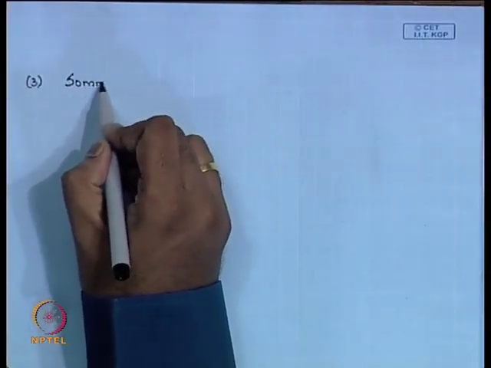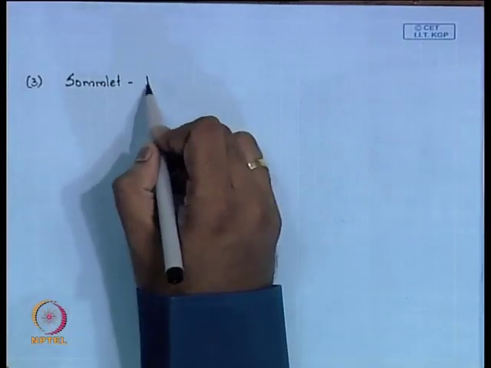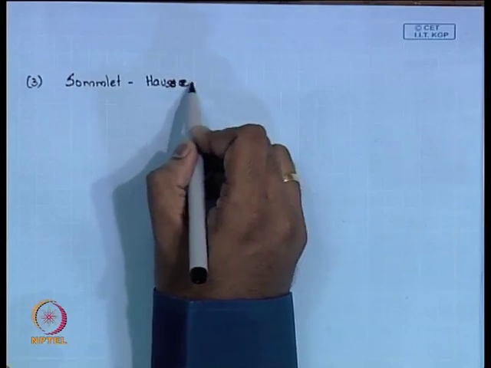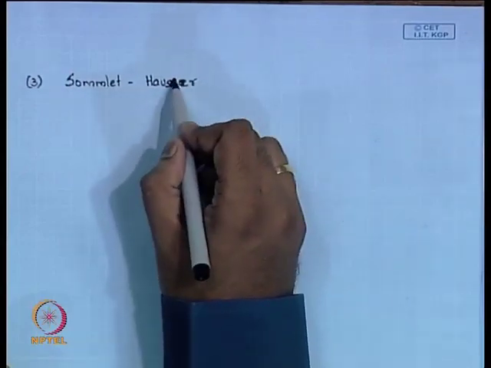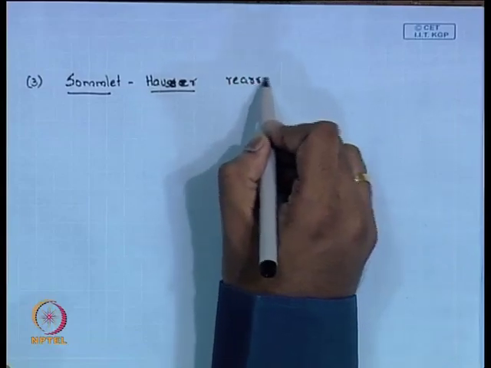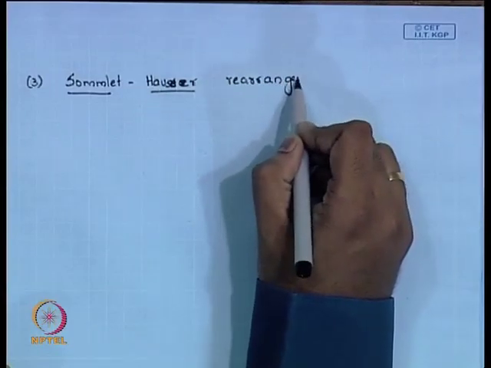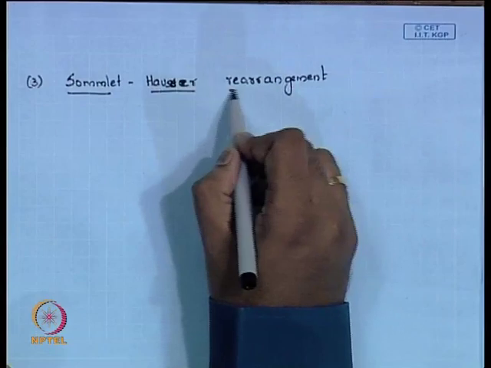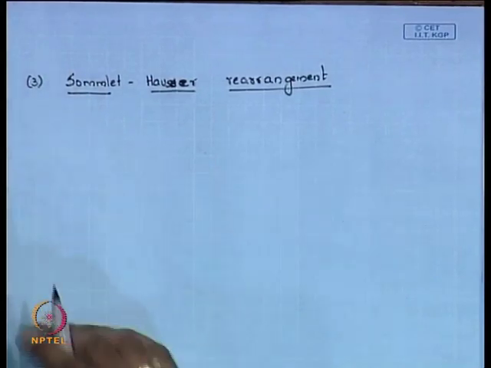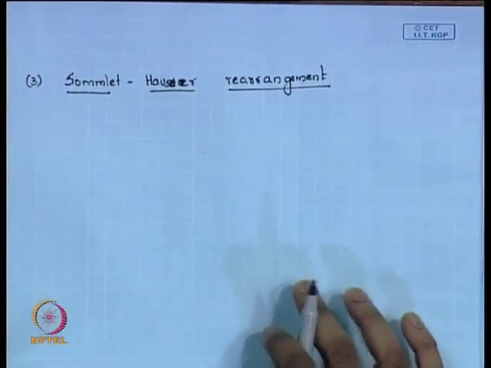Then you can talk about the Sommelet-Hauser rearrangement. This at least you should remember. So, double S, E, R, Sommelet-Hauser rearrangement. What is that?